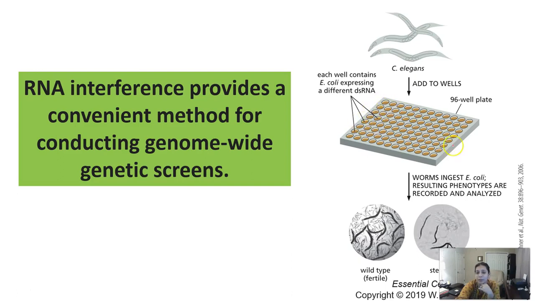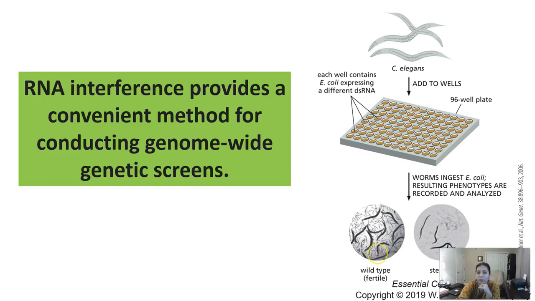Each one of these 96-well plates contains a different mutation that you're looking at, different genes maybe, or different mutations at the minimum. And then you put each one of those E. coli colonies on different C. elegans cultures, and you examine the effect.